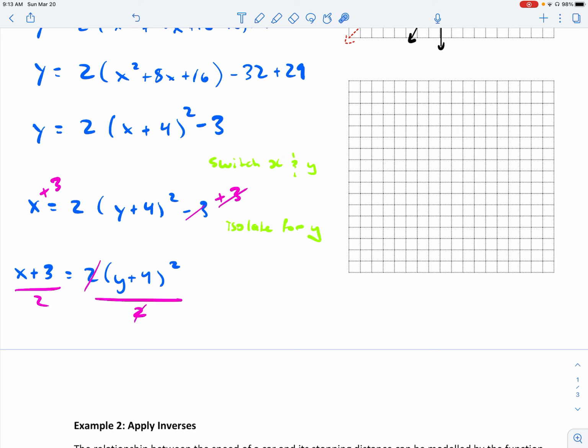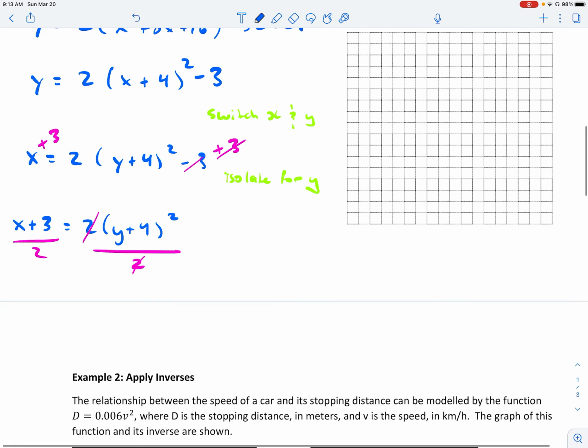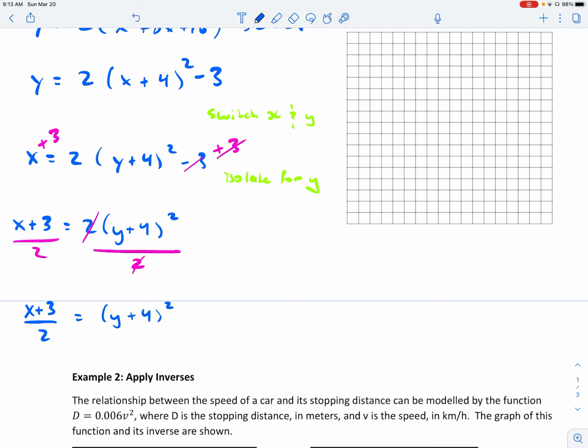I can cancel out the common factors because these are factors here, right? I'm already running out of space, but I know this will be okay. We'll just get this right underneath here. x plus 3 over 2 equals y plus 4 squared.